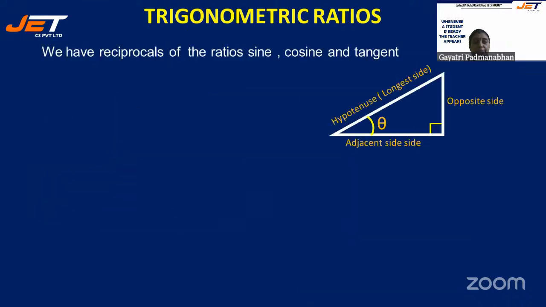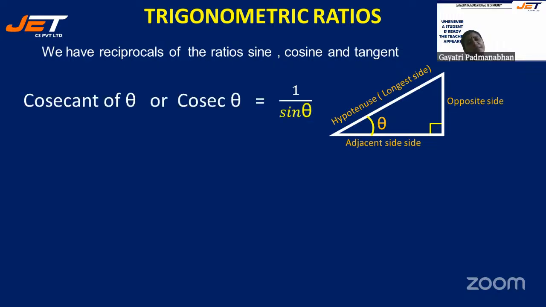Now we have the reciprocals of the ratios sine, cosine, and tangent. So far we learnt about sine, cos, and tan. Now we have a reciprocal of these. What is the reciprocal of sine?